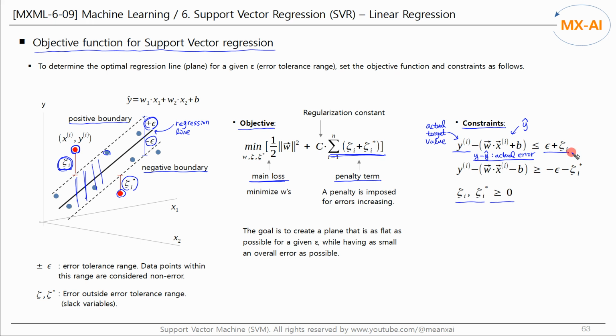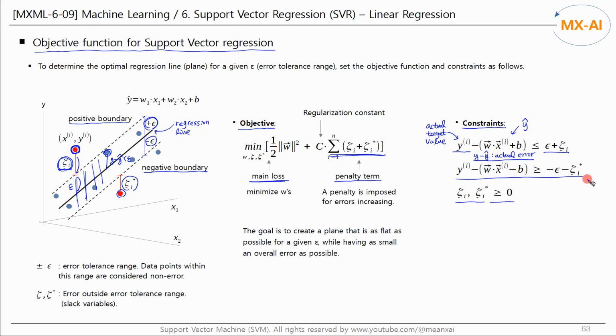This data point satisfies this condition because zeta is 0 and the actual error is less than epsilon. This data point also satisfies this condition because the actual error is epsilon plus zeta. Likewise, all data points below the regression line also meet this condition.